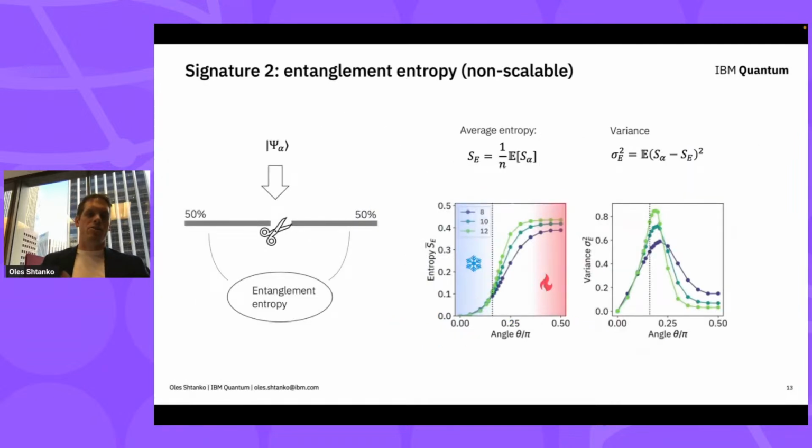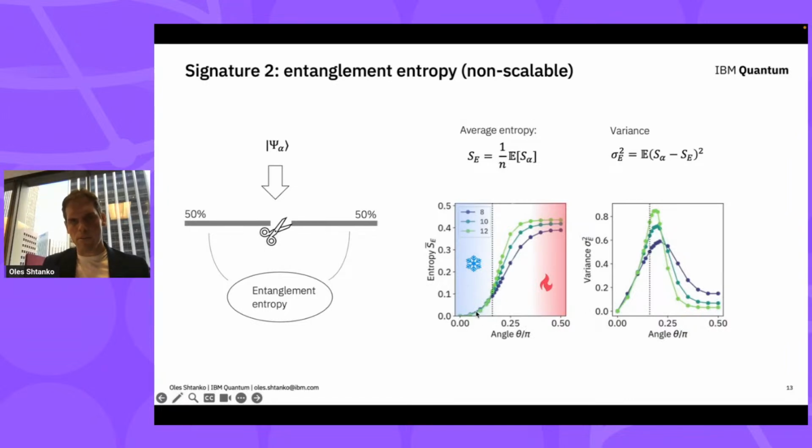Another non-scalable measure is to look not at eigenvalues but at eigenstates, and see how entangled the eigenstates are. In particular, if you take an eigenstate and look at the entanglement entropy between two halves, you can also see that there are two distinct regimes as a function of angle. For small angles, your entanglement entropy per qubit is actually decreasing.